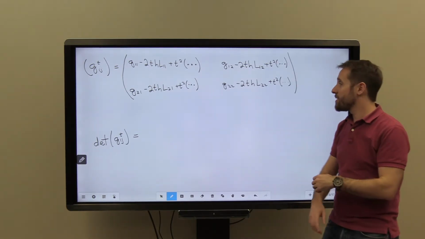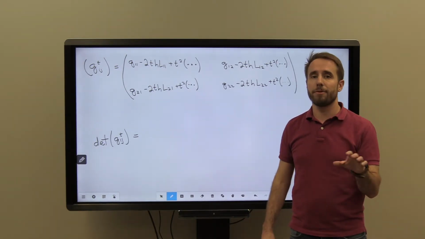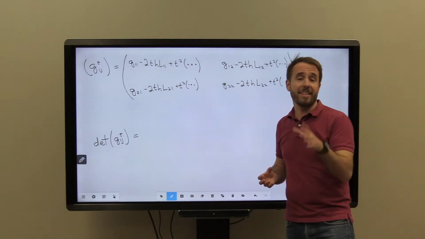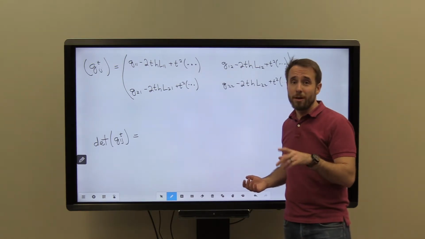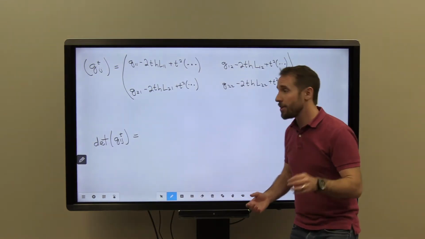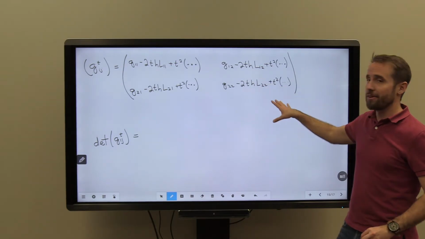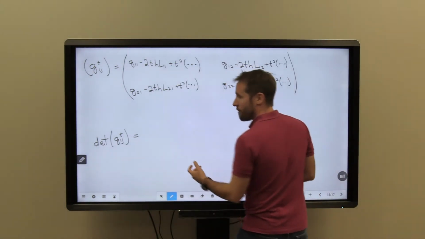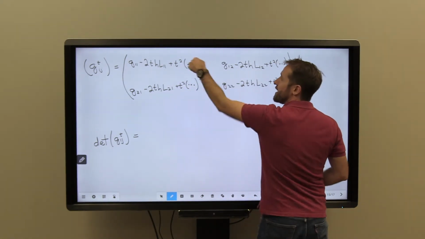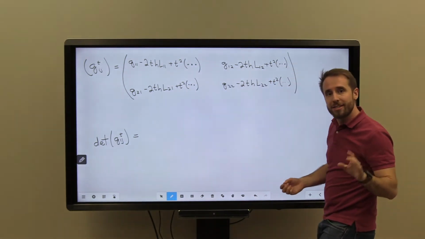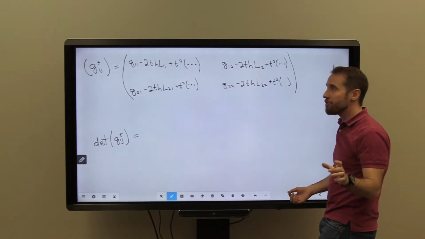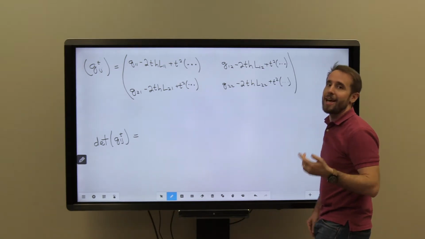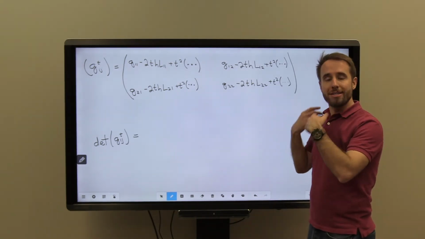Now I want to compute the determinant of my first fundamental form, because my end goal is to calculate area. And to calculate area, I need to integrate the square root of that determinant. So it's time to calculate the determinant. When I go to calculate this multiplication, I will see that certain entries have no t's on them, certain entries have one t, and everything else will have more t's.